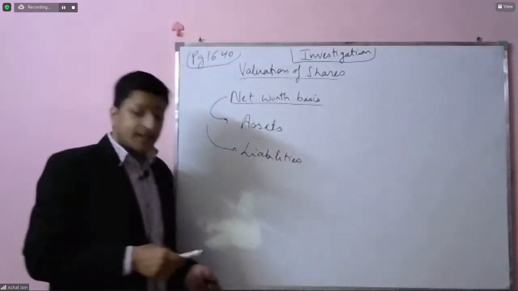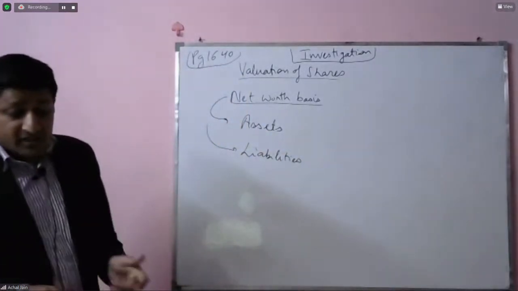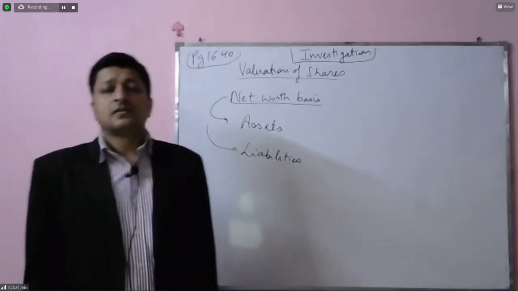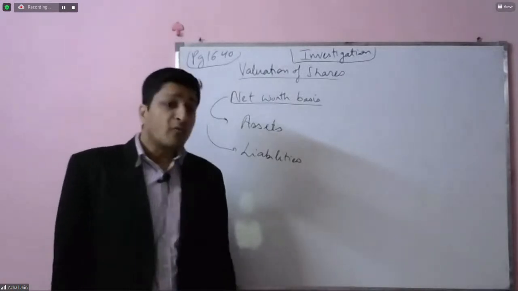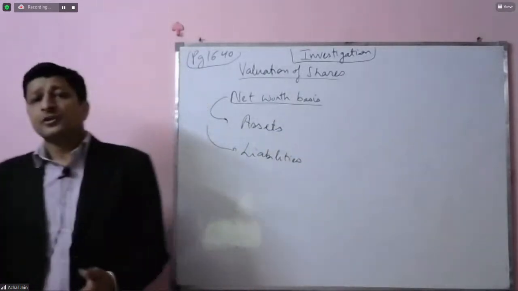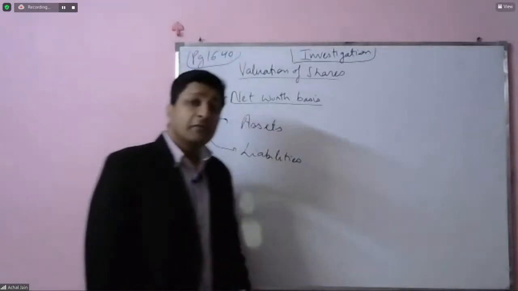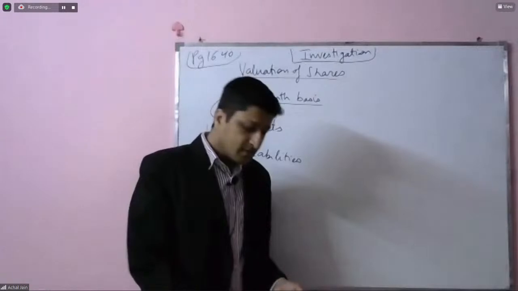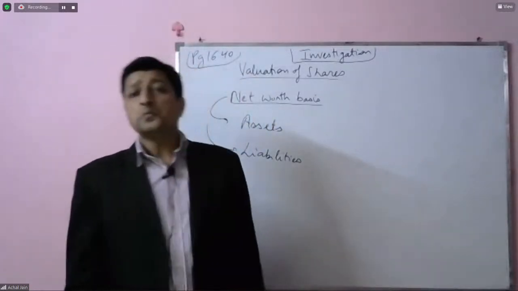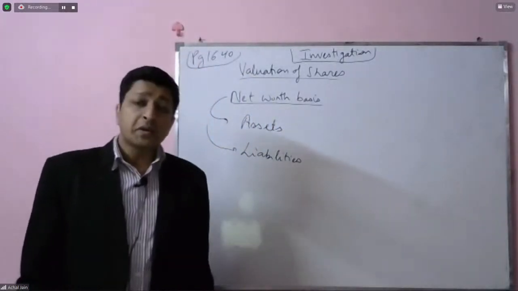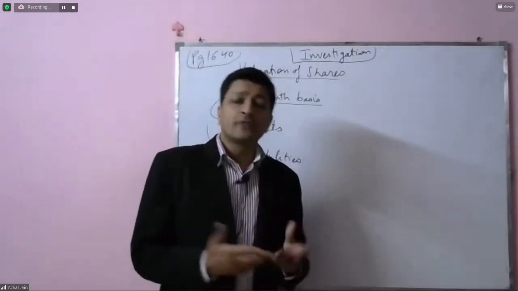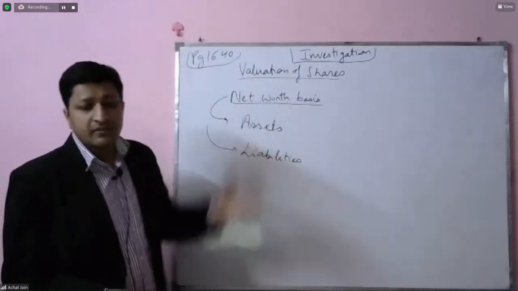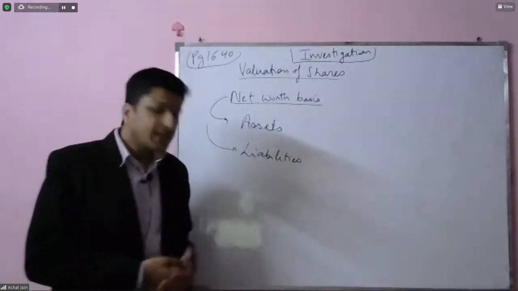In respect of assets, once again, all the factors like overvaluation of assets, undervaluation of liabilities, undervaluation of assets, overvaluation of liabilities, any hidden liabilities, and any of the accounting policies which would have become the basis of accounting of this company, on the basis of which the book values can be seen in the financial statements, will become very relevant.